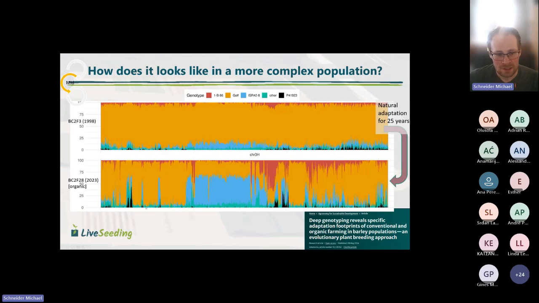And you can see that these blocks become smaller and smaller the further away we go into the telomeric region, away from the centromere. This is true because we have more recombination events in this region compared to this region here.